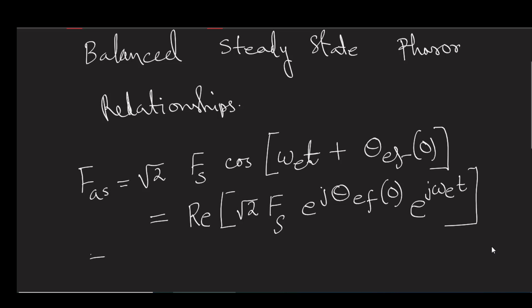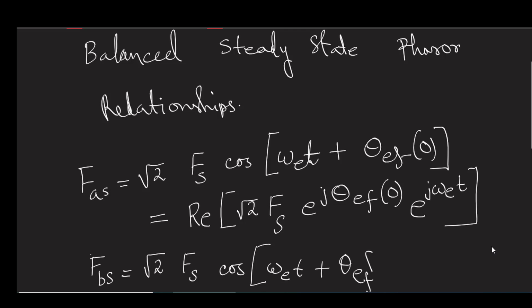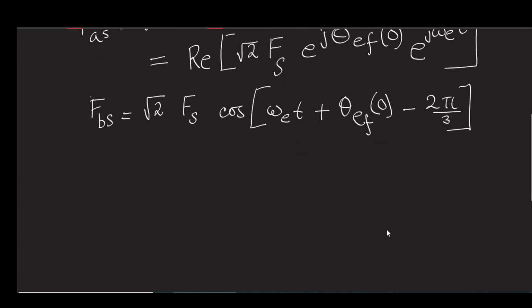Similarly, what we can write: FBS is equal to root 2 Fs cos, right, and this gives us j.